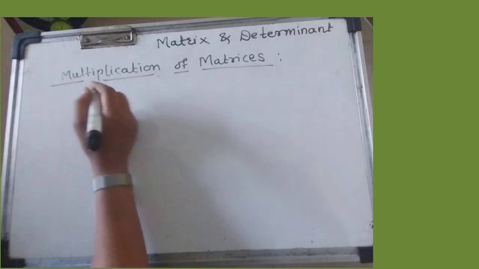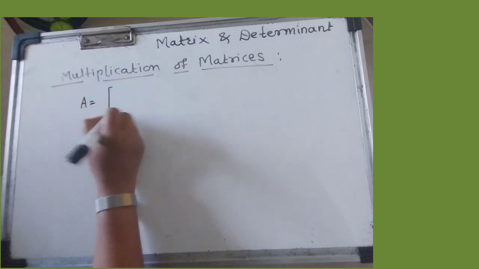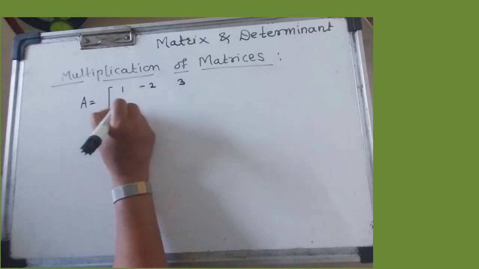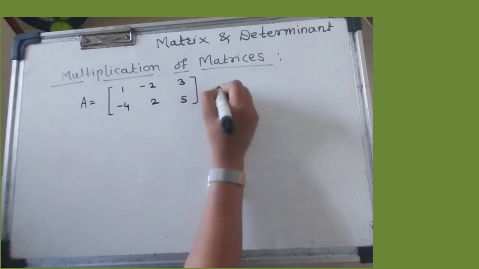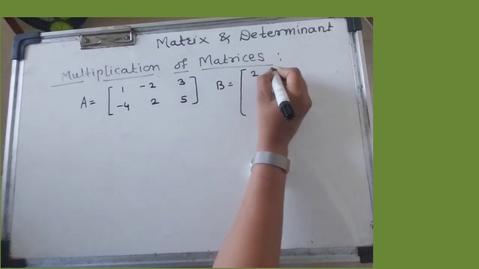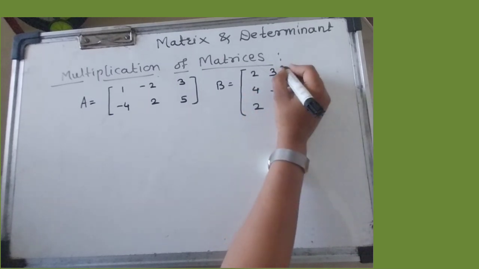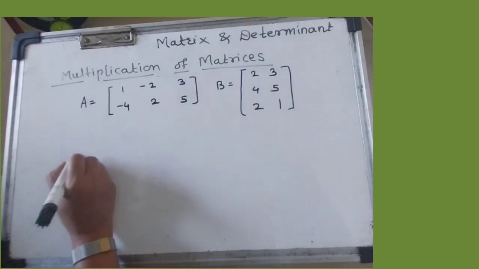Another example. See, A equal to 1, minus 2, 3, 4, 2, 5. B equal to 2, 3, 4, 5, 2, 1. See, what we have to do here?